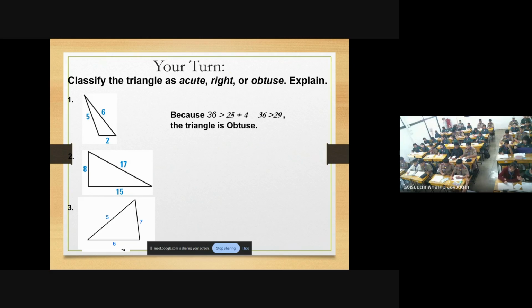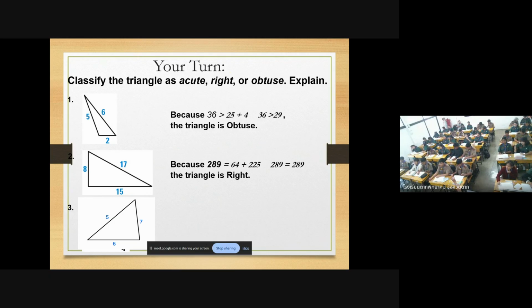Obtuse, check. Solution, check. 2 points. All right, next. The answer is right triangle. Again, 1 check for solution, 1 check for the type of triangle.